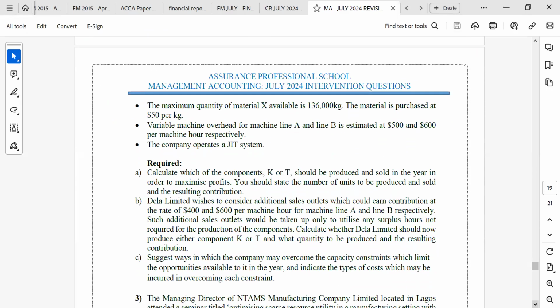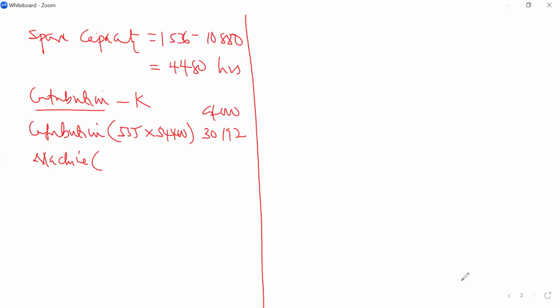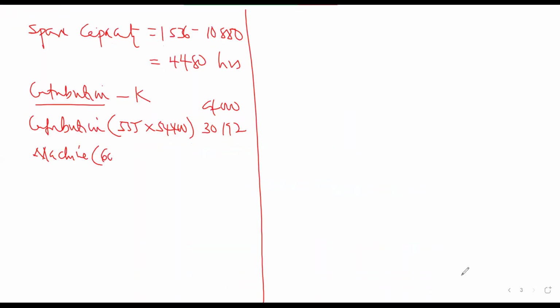Contribution per hour here. Machine B will be 600. So that will be 600 multiplied by 4,480. What are we having? 2,688.